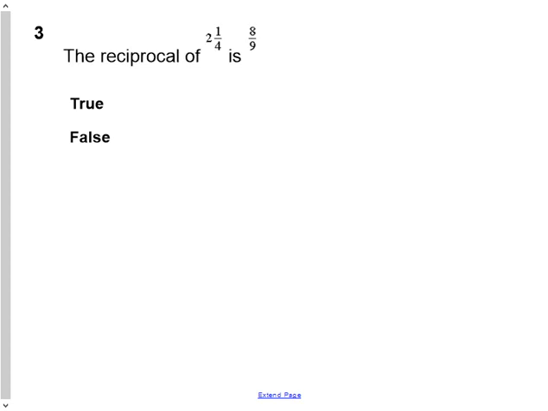Question three says the reciprocal of 2 1/4 is 8/9. So I actually made a mistake when I wrote this test, and I didn't realize it until afterwards. I meant to put 4/9, but I left it 8/9. Whatever, doesn't matter. It's an easy question anyway. The reciprocal of 2 1/4. So the first thing you have to do is say, well, 2 1/4 as an improper fraction is 9/4.